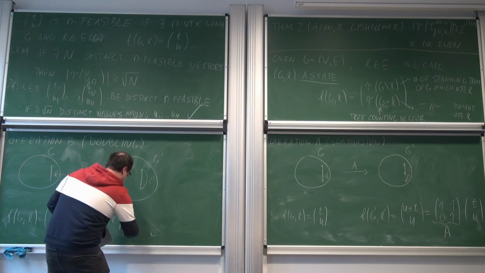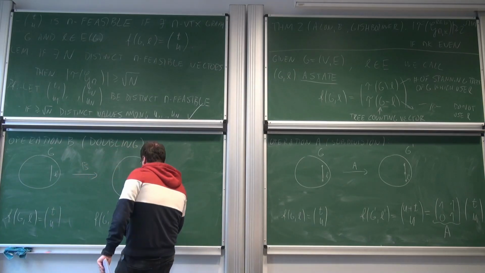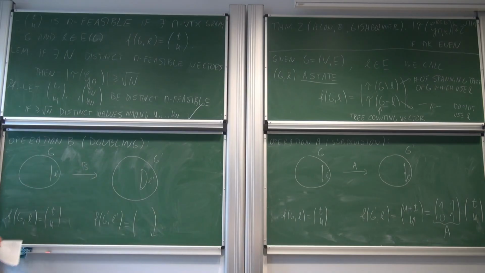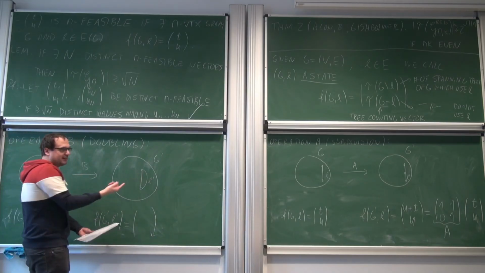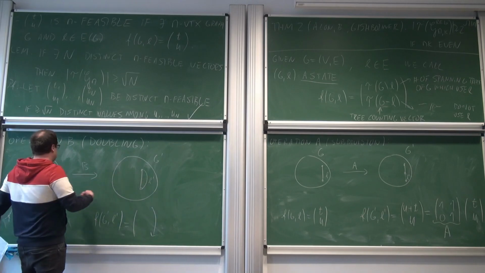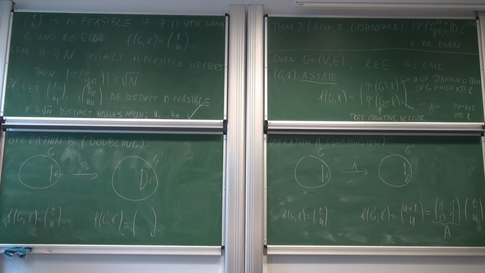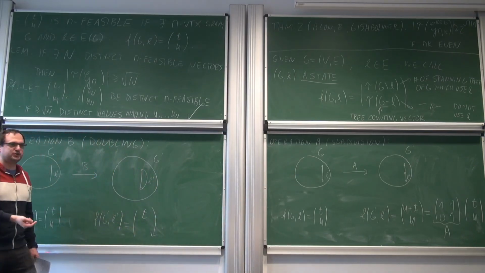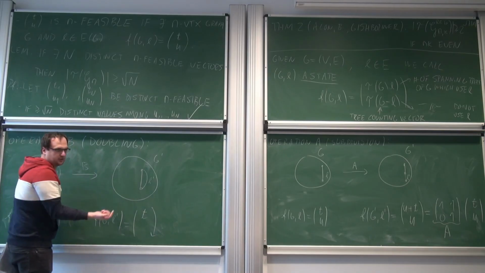Very good. So what is this? Again, we want to count spanning trees that use this edge E prime, and again, they are the same, so whichever one you mark, you mark. So if you use it, you're not allowed to use the other one, and then you are just in G, which is using E. So this time you just get T here. If you don't use it, you have a choice whether you use the other one or not.